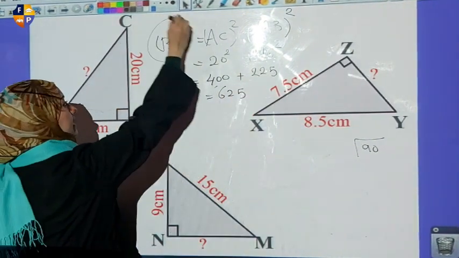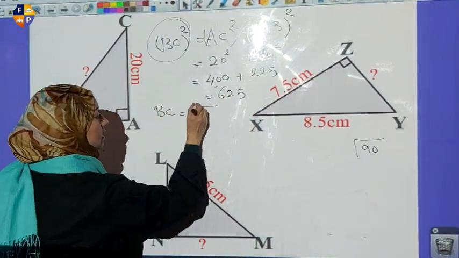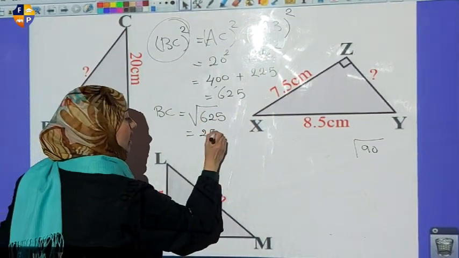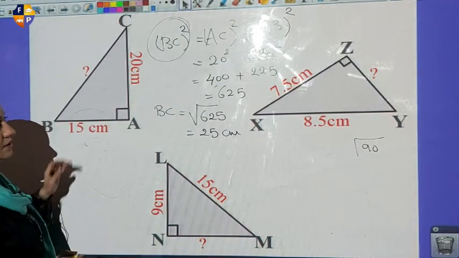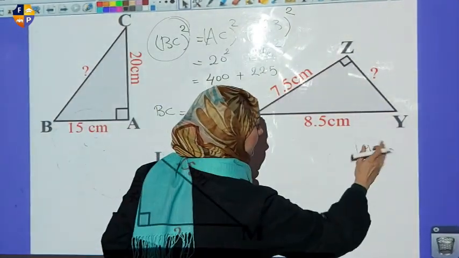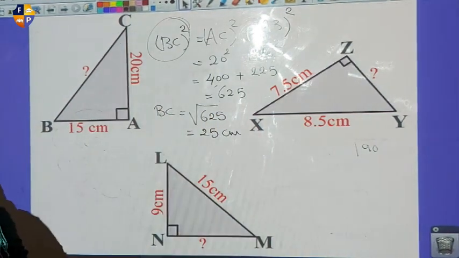Then I want to get BC, I will put the result under the square root, equal 25 centimeter. This is my steps.